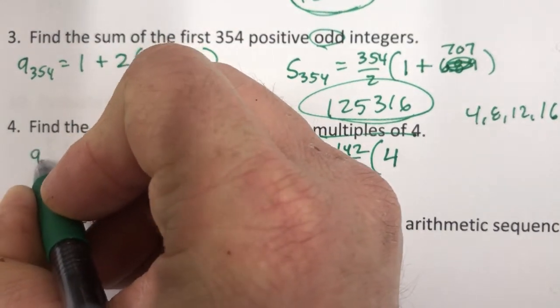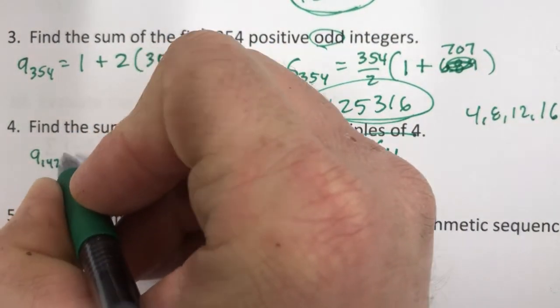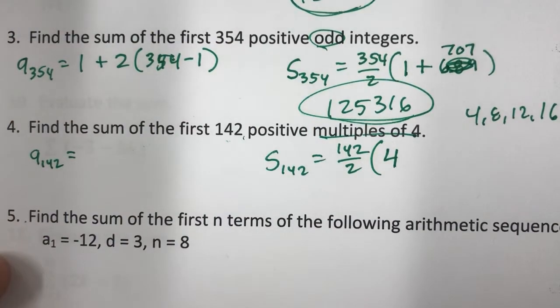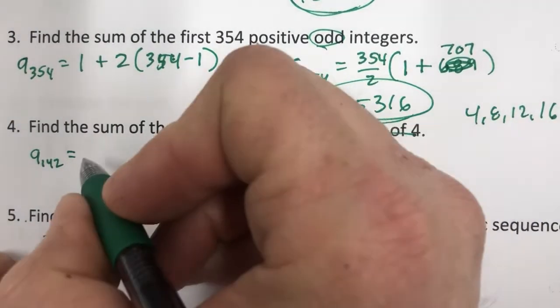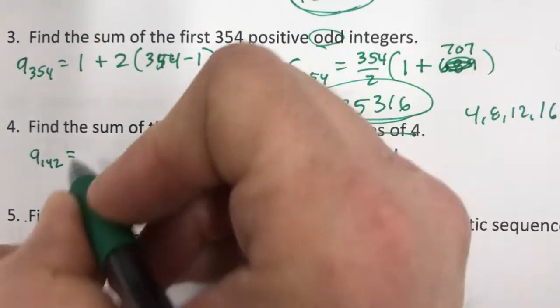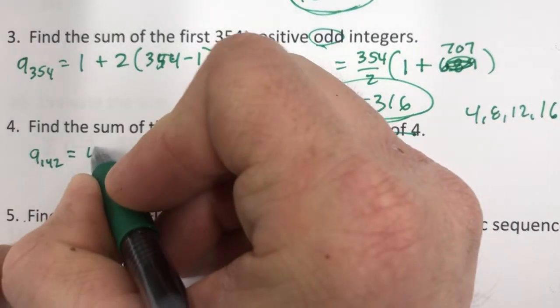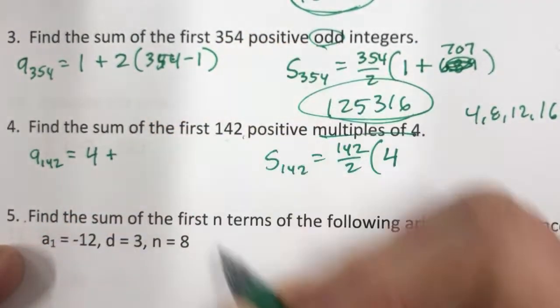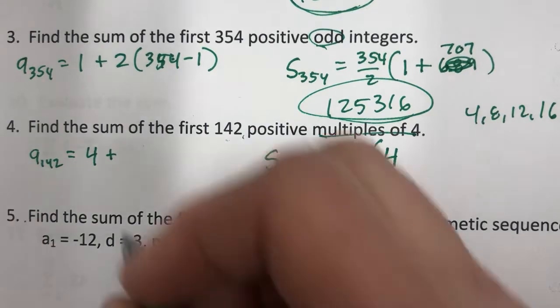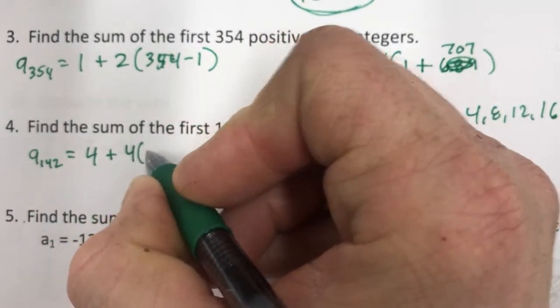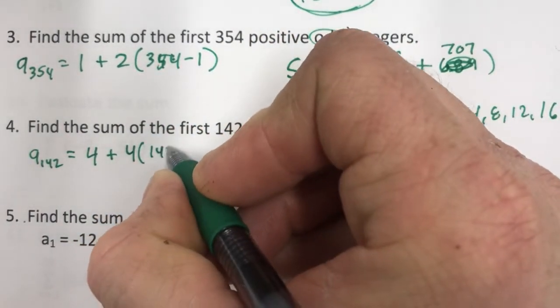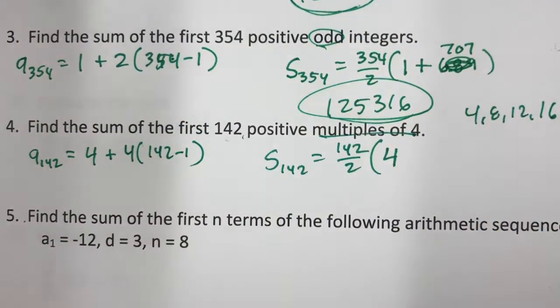I need to find the 142nd term of this. That's going to be the first term, which would be 4. The first multiple of 4 is 4, plus my common difference is 4. They go up 4 each time, and this will be 142 minus 1. So I just punched that in the calculator.